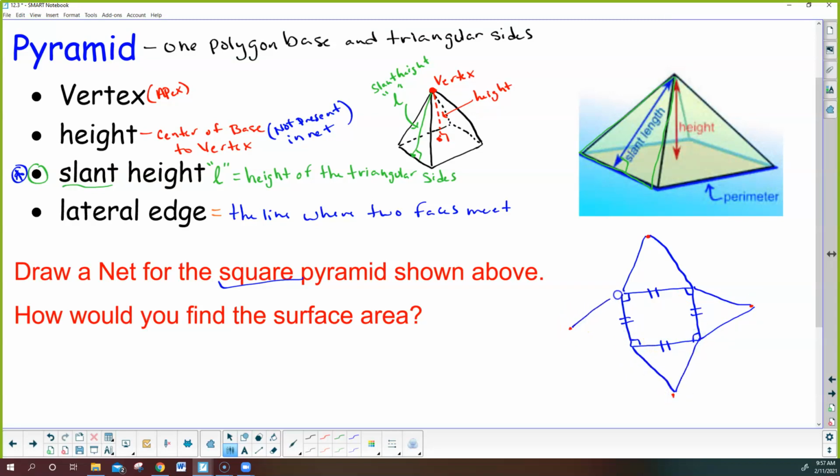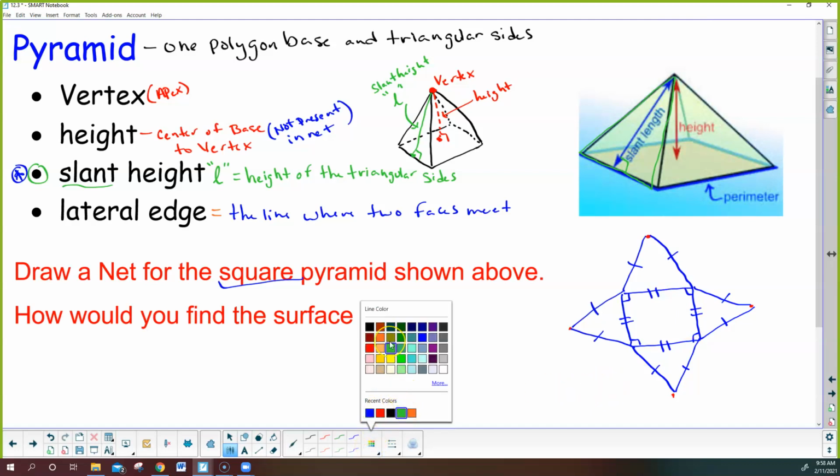And since we know these lateral edges are all the same length, we can use congruent markings here to show that since it's a square, all of these triangles are exactly the same as well.